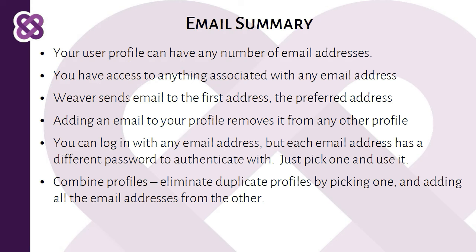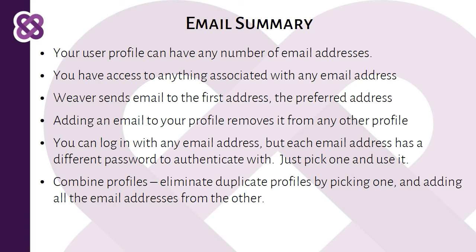So this is the summary. Your user profile can have any number of email addresses in it. You may have multiple email addresses, or you may have changed from one email address to another. You want to leave the old email address in there. It's not going to get any email sent to it, but it will allow you to have access to everything that's assigned to the old email address.